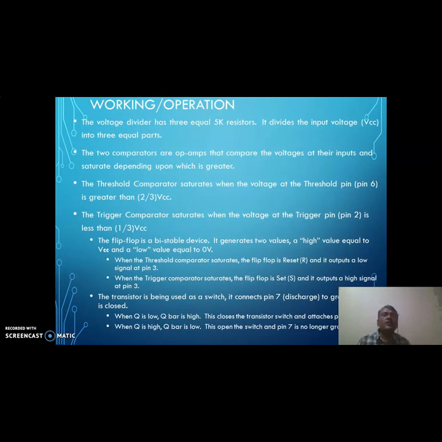Now finally, we see the functional block diagram of the timer IC 555. It consists of three equal 5 kilo ohm resistors. They divide the input voltage VCC into three equal parts, and provide the 1/3 reference level to the lower comparator and the 2/3 reference level to the upper comparator, which we call the threshold comparator.